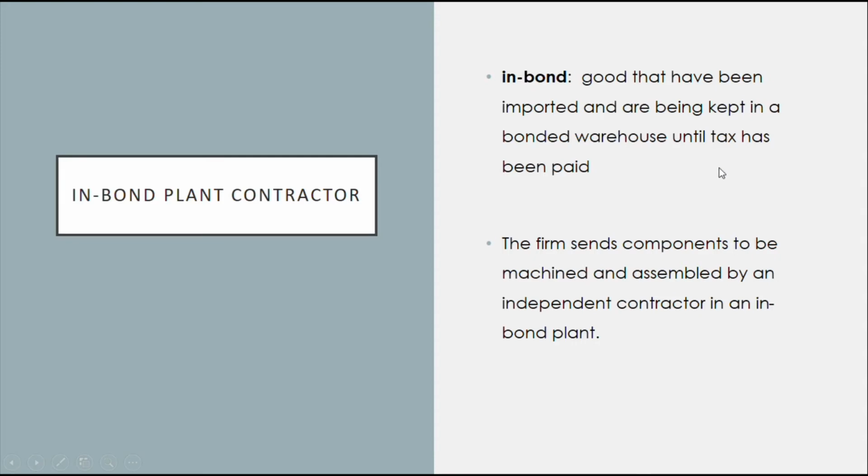The third is the inbound plant contractor. Inbound goods are goods that have been imported and are being kept in a bonded warehouse until the tax has been paid. And the firm sends the components to be machined and assembled by an independent contractor in an inbound plant.